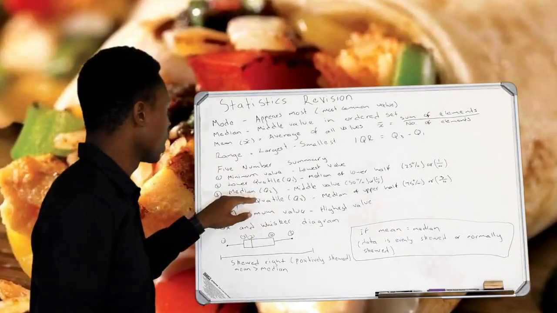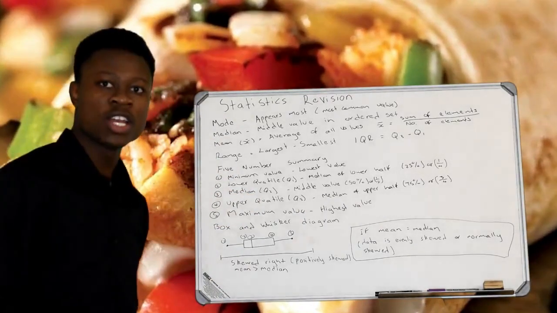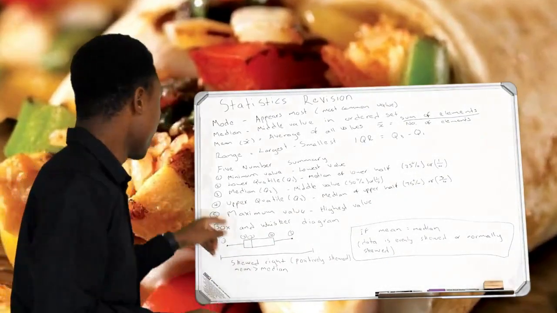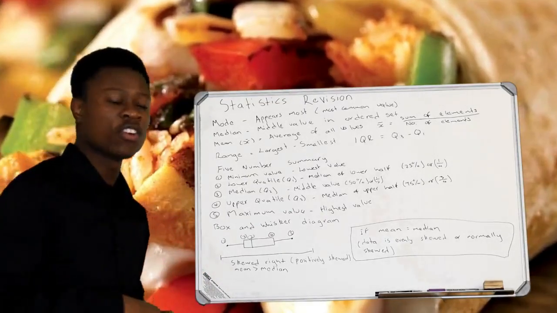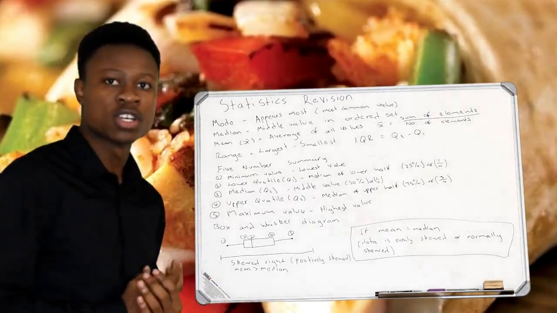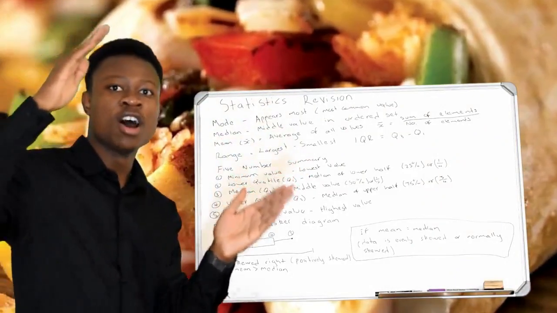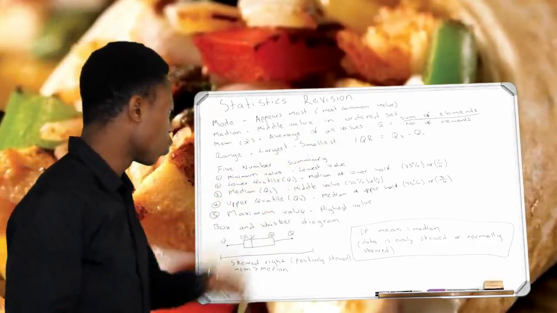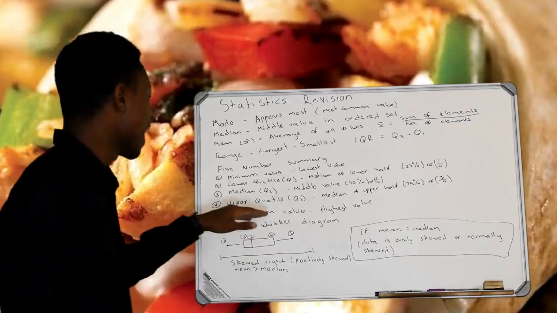So the median would be 50%, the value right in the middle of all your data when it's ordered. And the upper quartile is the median of the upper half, so that would be 75%, the 3/4. If the top half is between 50 and 100, half of that would be 75%.